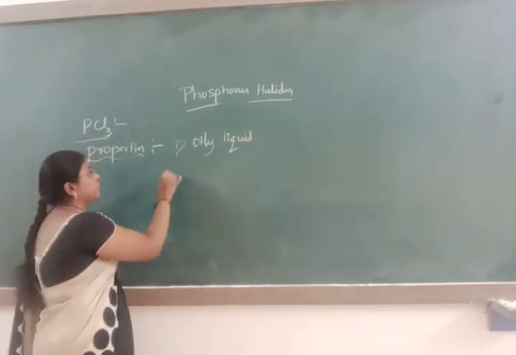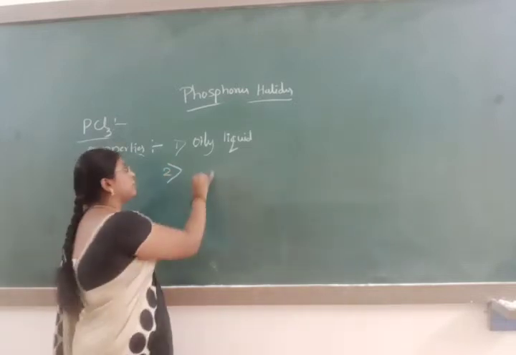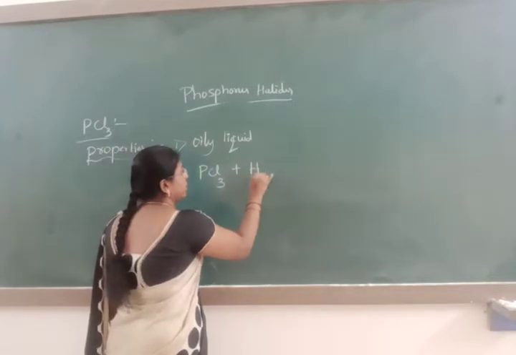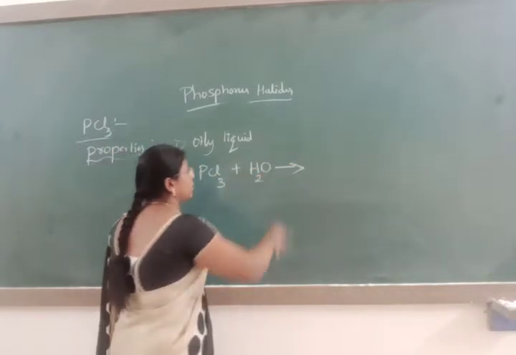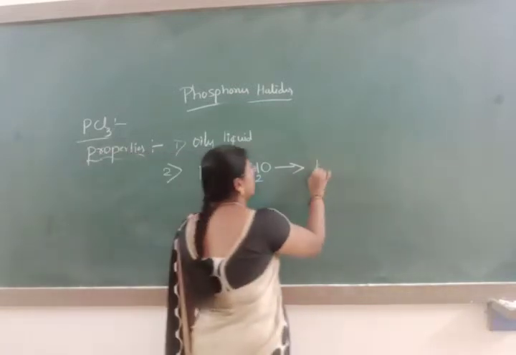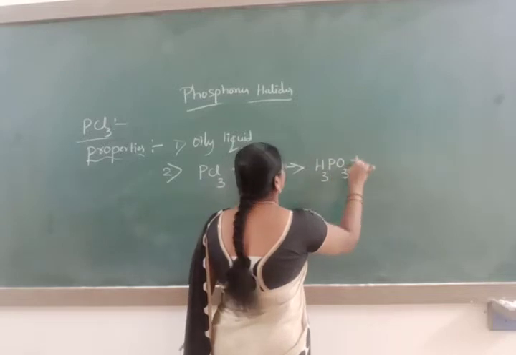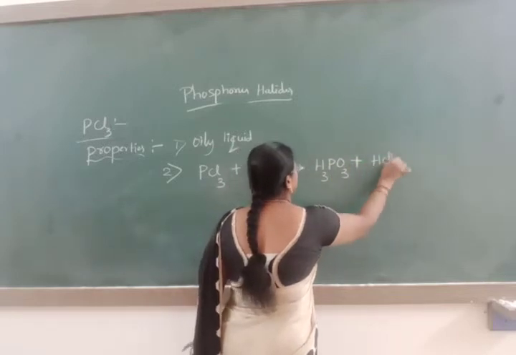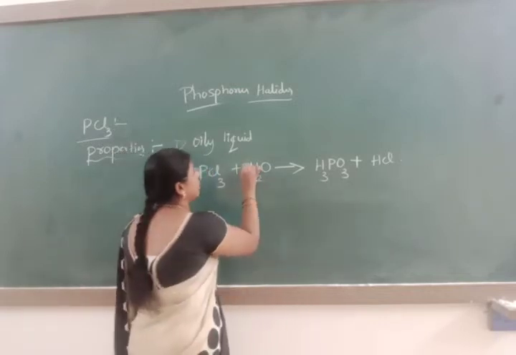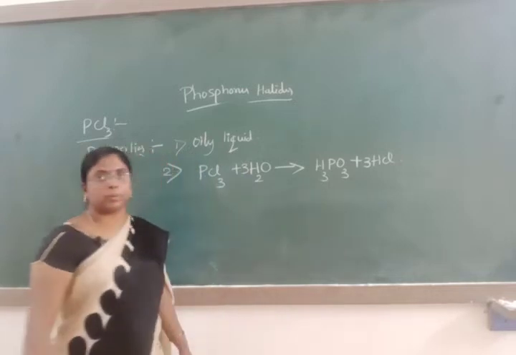Its chemical property: when PCl3 comes in contact with moisture, it will form H3PO3, along with that HCl is obtained.